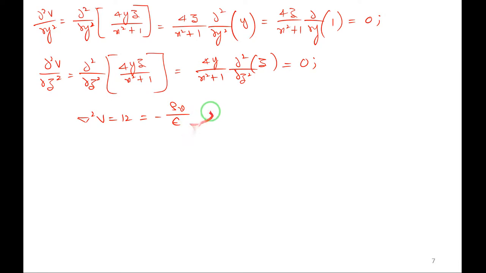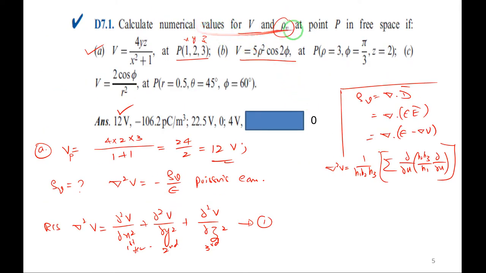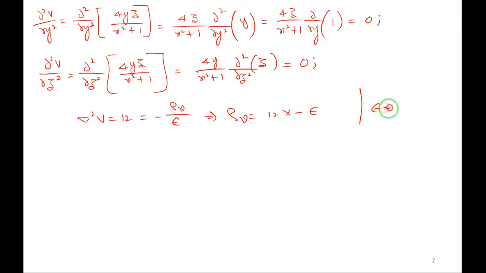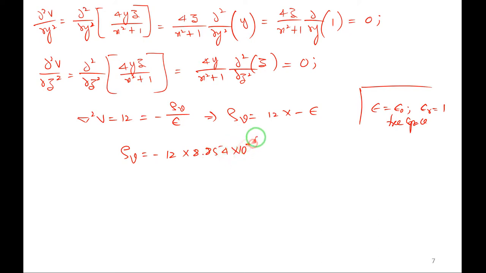Okay, I want the volume charge density rho v. It is equal to 12 into minus epsilon. What is epsilon? Observe here, they have given free space. In free space, epsilon is equal to epsilon naught only, because epsilon r, the relative permittivity for free space, is 1. So rho v is equal to minus 12 into epsilon naught, which is 8.854 into 10 power minus 12.